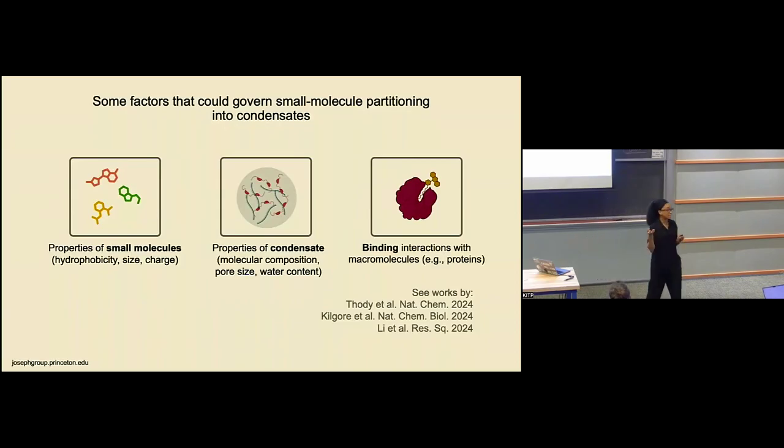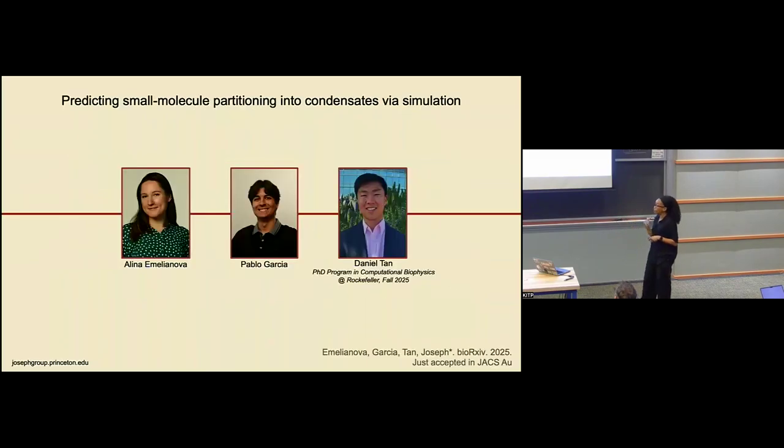We heard a lot of examples about enzymes being in condensates in these talks and in this meeting, and these enzymes have pockets that can bind, and we have other macromolecules that can exhibit specific interactions with small molecules. And so we wanted to take on this question in our group to be able to understand what's going on and to give a submolecular picture of what could be the determinant factors.